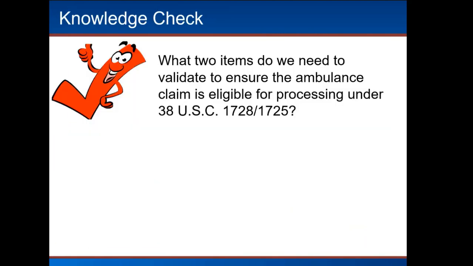We'll do a quick knowledge check here. You can go ahead and pause the recording to think about what we have discussed up to this point. What 2 items do we need to validate to ensure the ambulance claim is eligible for processing under 38 U.S.C. 1728 or 1725?